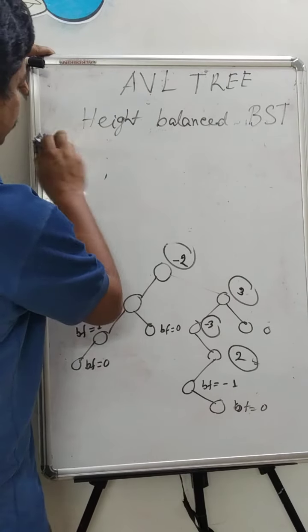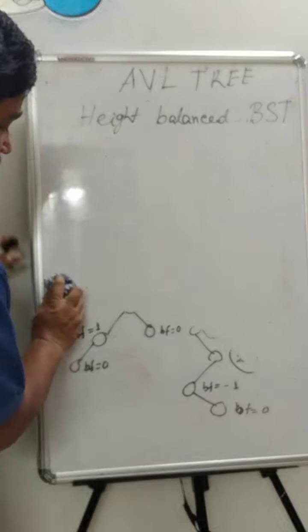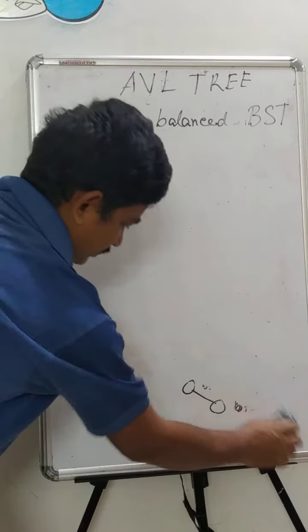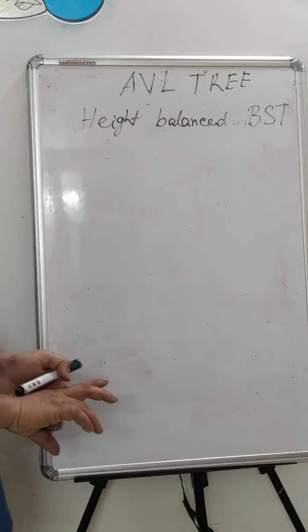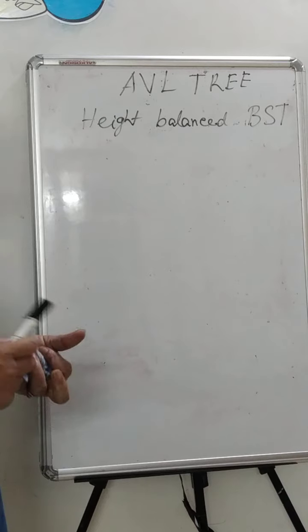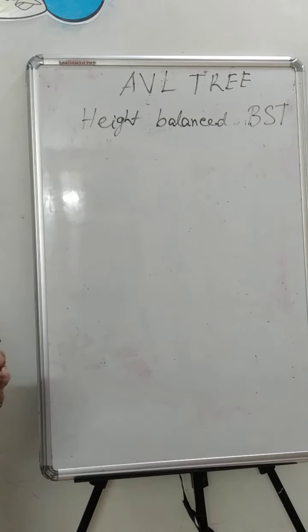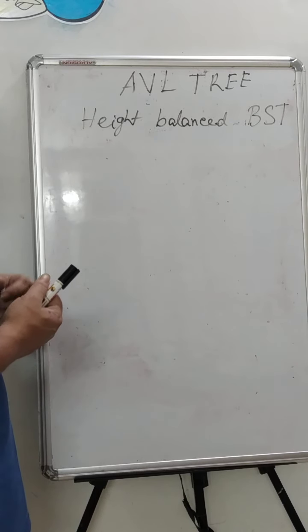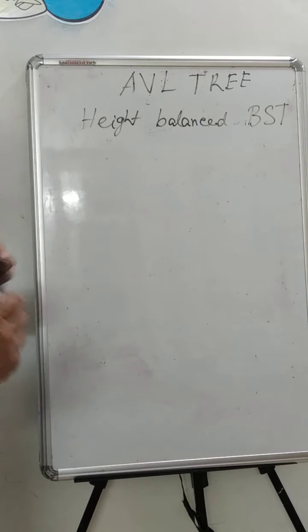Insertion into an AVL tree will be done in a similar way to how we did it in the binary search tree. That is the first step of the AVL tree's insertion operation. Now, after putting the value in the required leaf node, our operation in the binary search tree was completed.